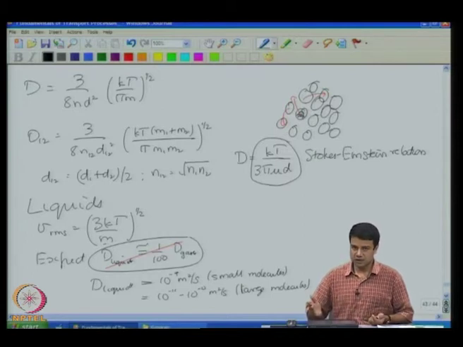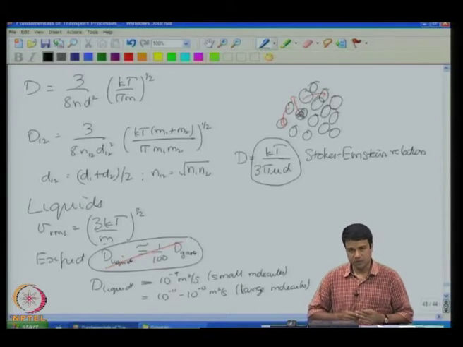When the viscosity decreases with increase in temperature, the diffusion coefficient will increase with an increase in temperature. In this case, the power is actually larger than 1, because the temperature is increasing and the viscosity is decreasing. So, in both cases the diffusion coefficient does increase with temperature, but for different reasons in both cases.